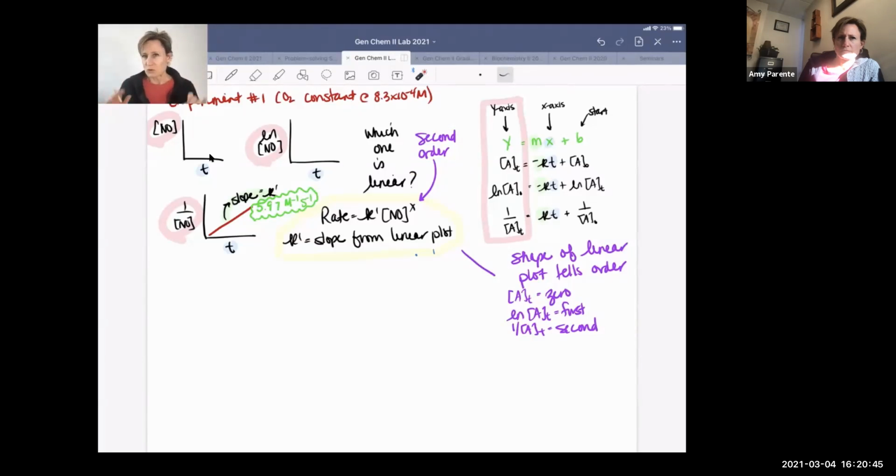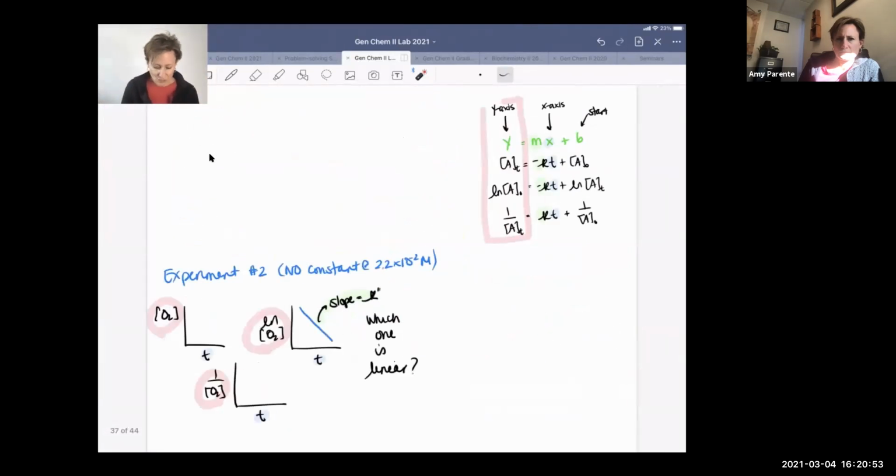Okay, so I'm going to go a little bit more quickly now because the second half of this paper walks through how we do that for the second set of experimental data. The second set of experimental data is where we're holding NO constant. So that's going to be looking at changes in oxygen concentration as a function of time. And again, we're asking the question, which one of these is linear?